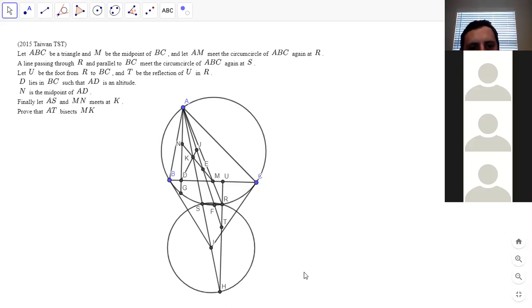So HTR, yeah, we have a couple different ways of doing this. So HR over TR is the same as HR over RU.